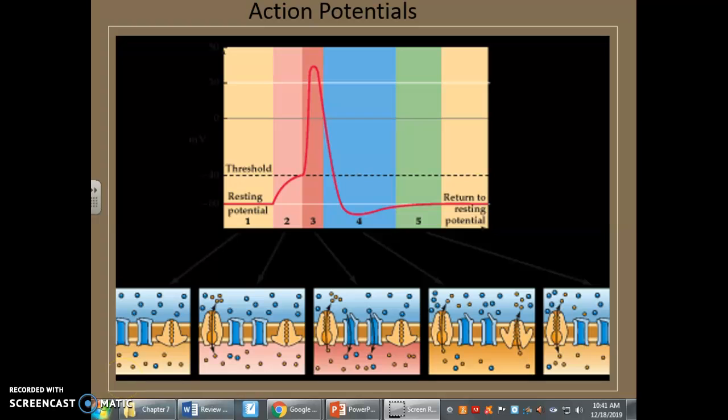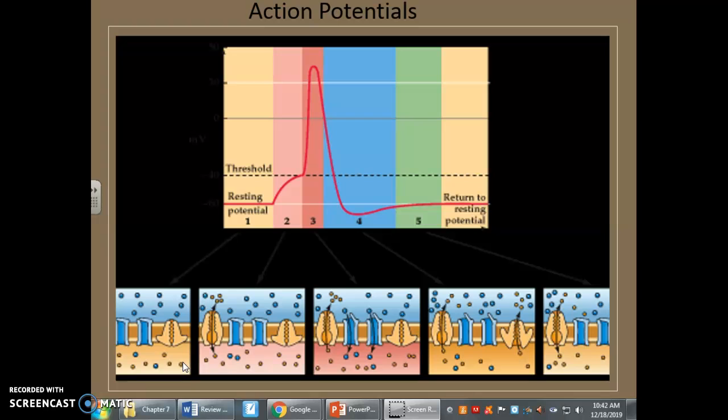Let's look at what's going on inside of the cell during an action potential. As we know, the neuron at resting is negative on the inside of the cell membrane, and we have more sodium ions on the outside of the cell membrane and more potassium ions on the inside.